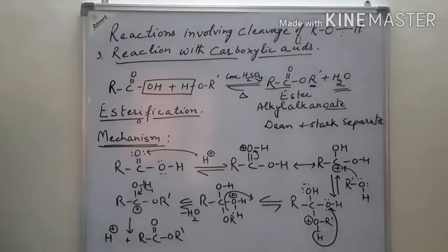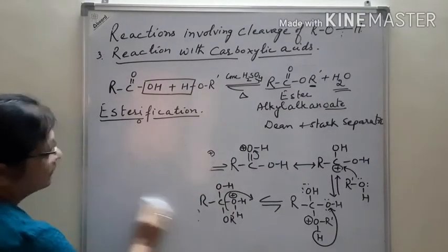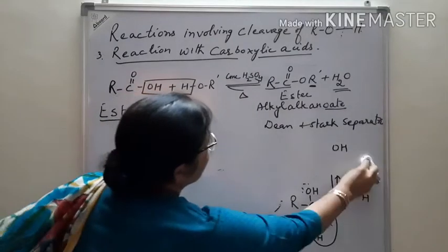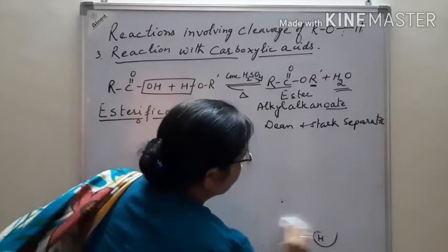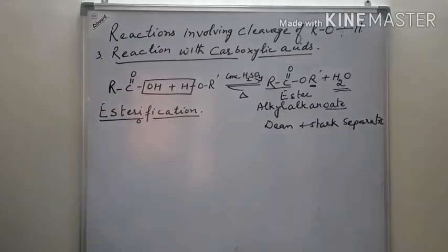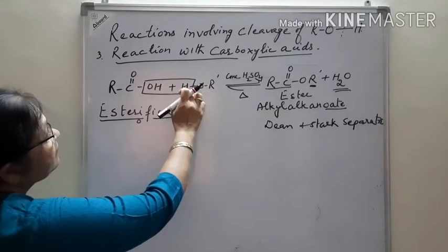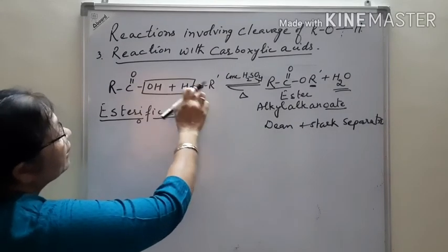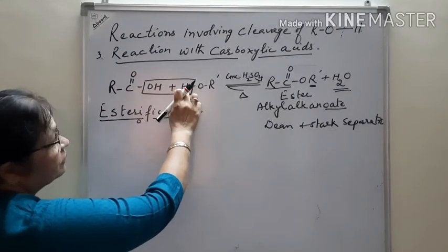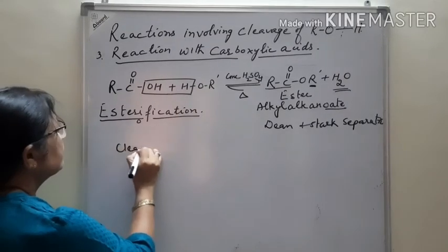Next, now we will discuss how during the reaction you can prove that from the acid the OH group is removed and from the alcohol the H is removed, right? It is proved by the cleavage.